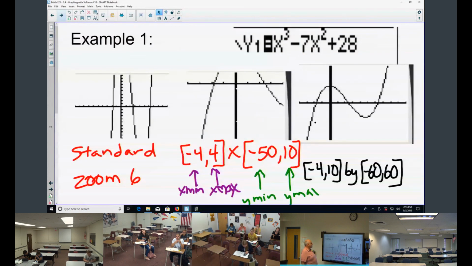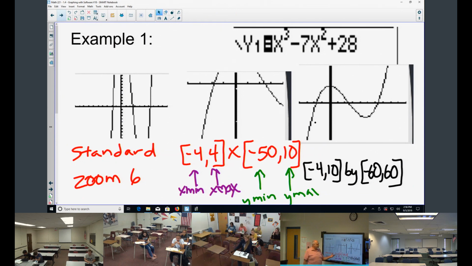All right, so the first thing that we want to learn how to do is to manipulate the window. When we're looking at a graph, okay, so let's say here's the y1, and this is the standard Zoom 6 picture. Well, we can see some x-intercepts, but we're not seeing the top and the bottom. And so usually that's not good enough.